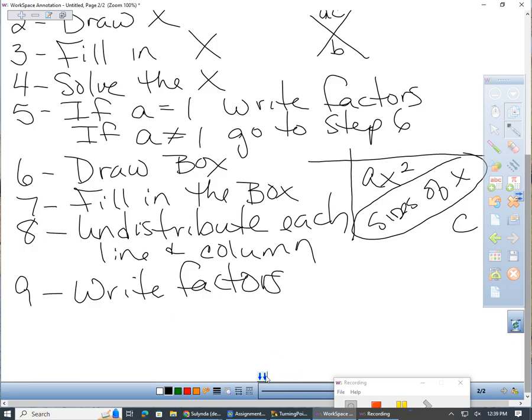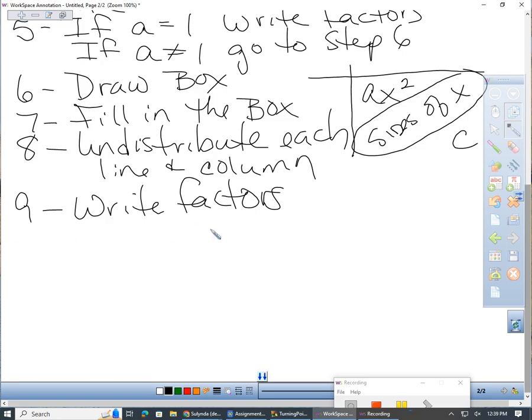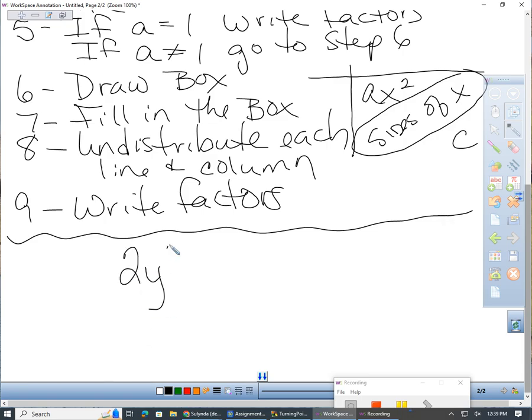So the problem we just had, number 36 in our homework, right? We took out a 7, and we were left with 2y squared plus y minus 3, I believe it was. Okay, so we're going to talk about factoring this one.